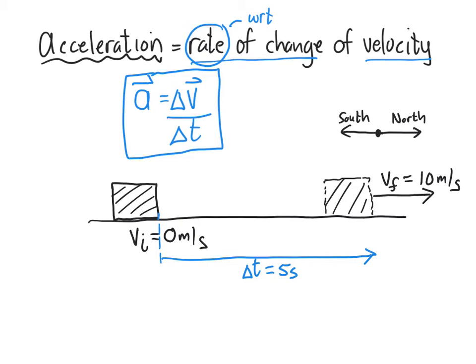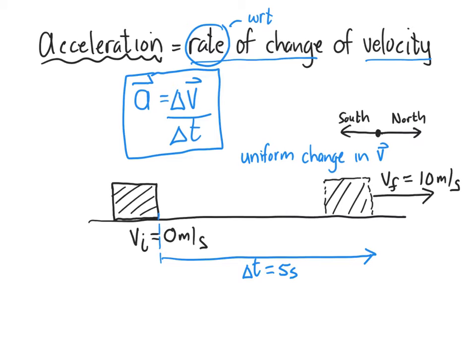And we assume that this change in velocity is uniform, and that's an important term. That's a uniform change in velocity. What that means is that the change per unit time is the same throughout, so there's no sudden jerks.